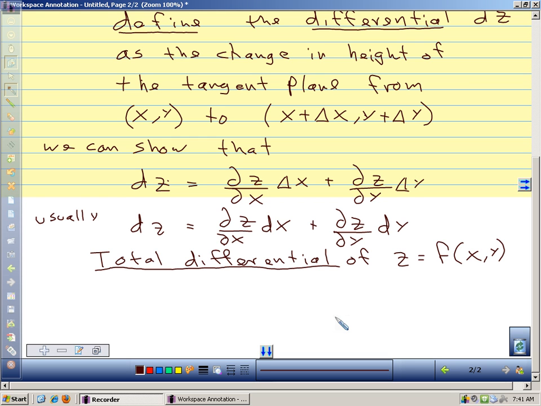So we'll do a couple of examples of how we use these, and then I want to talk really briefly about another use of differentials in multivariable calculus, not what we're going to do.